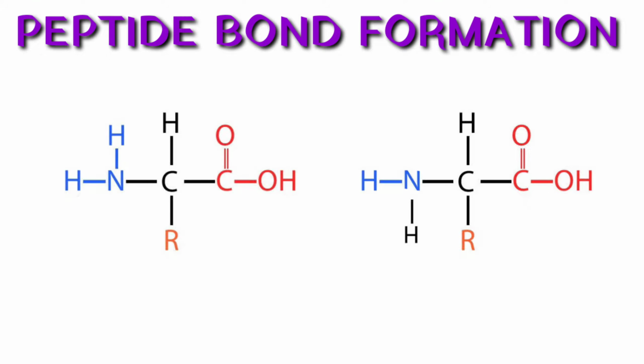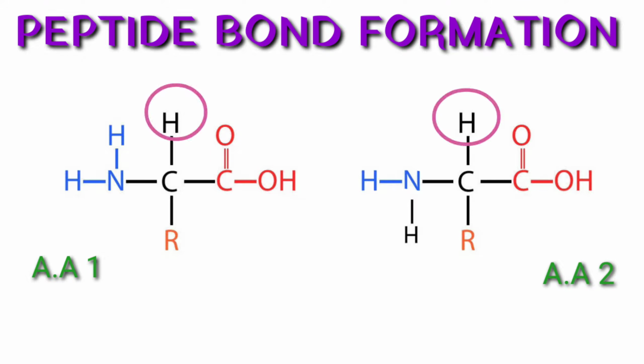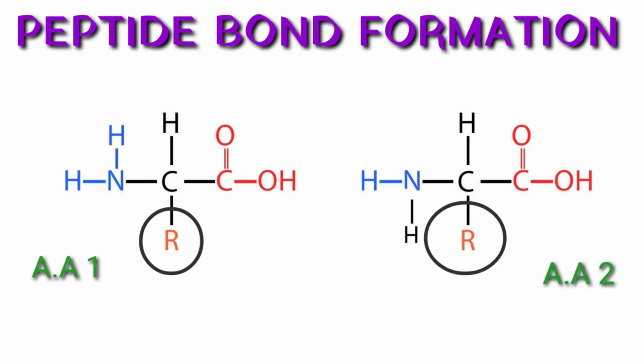In this given figure, there are two amino acids located side by side. Each amino acid contains an amino group, a carboxylic group, a hydrogen atom and an R chain. Here the R chain is represented as R1 and R2 for the two different amino acids, because we are focusing on the peptide bond only.